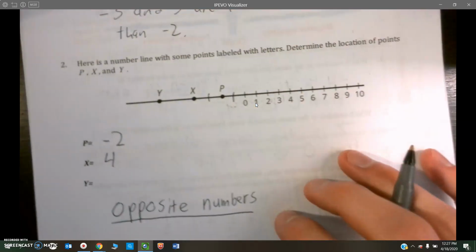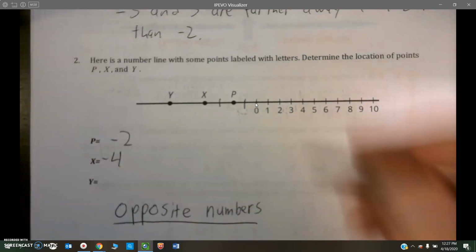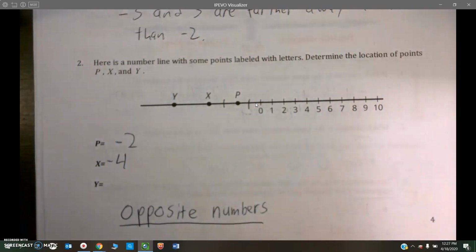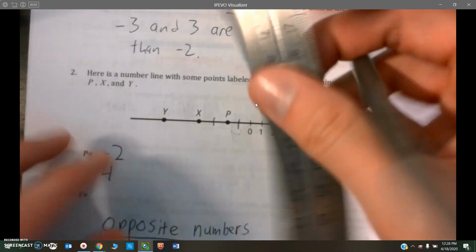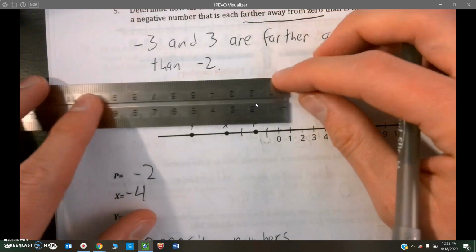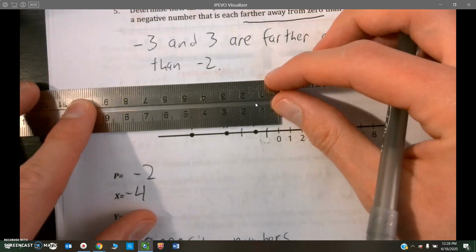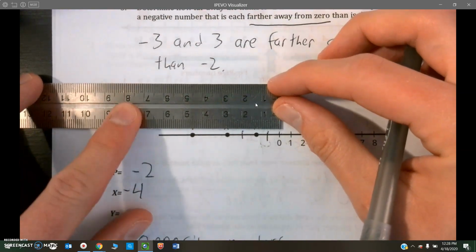Okay. And then Y looks like 4.5 units away from 0.